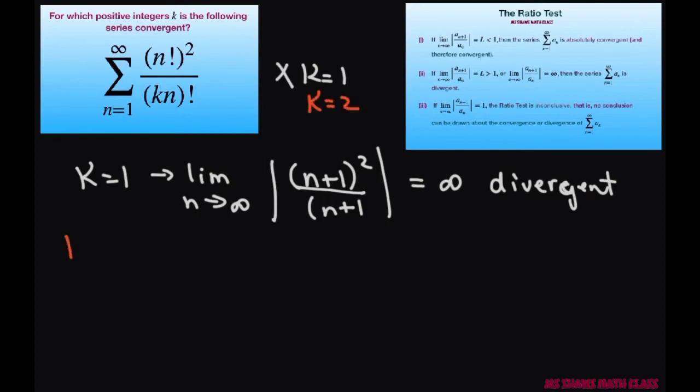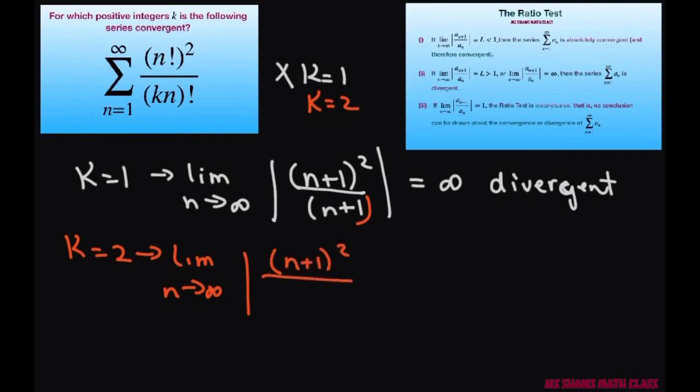So let's try k equals 2. If k equals 2, we're going to get the limit as n approaches infinity of the absolute value of (n plus 1) squared divided by (2n plus 2) times (2n plus 1).